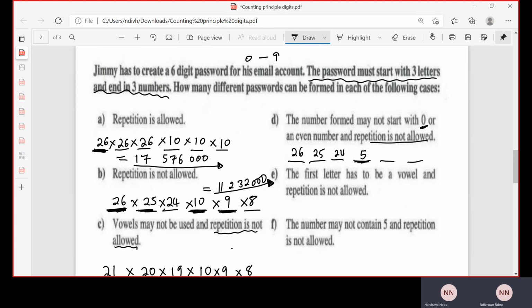Repetition is not allowed. The mistake that many students make, because they know repetition is not allowed, is to say it will be 4, it will be 3. No, it's incorrect in this place. Why? They're saying it must not start with 0 or an even number. Here we have 5 choices. It means here it can be 0 or an even number, so we include them again, but without repeating.